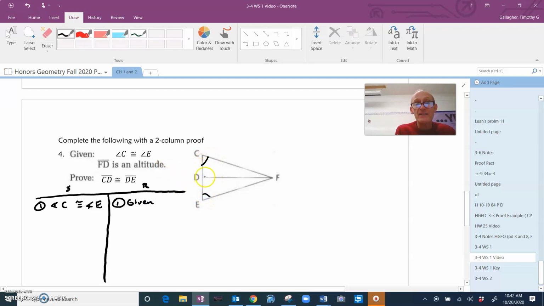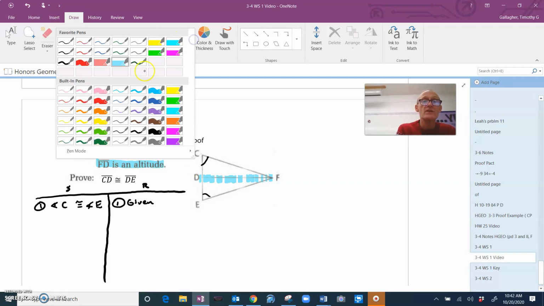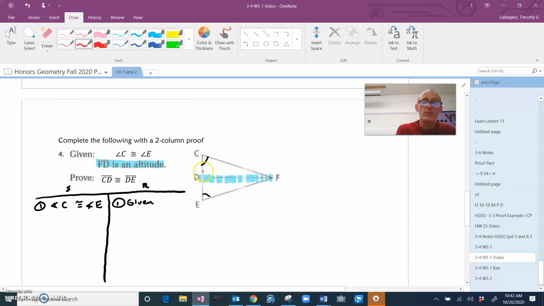Now, the next thing says that FD is an altitude. What that's going to do is give us 2 congruent right angles, right here and right here. Because altitudes create congruent right angles. It's a fact. So we'll write that in there. Number 2, FD is an altitude. And that's given.